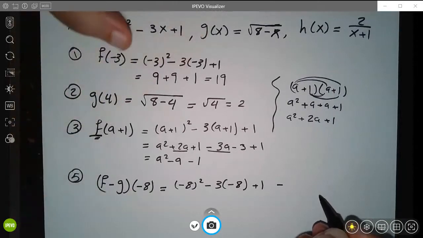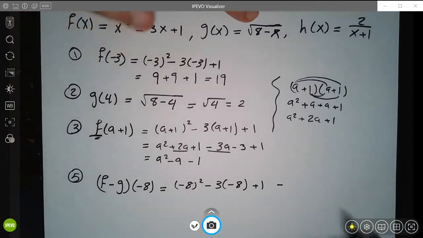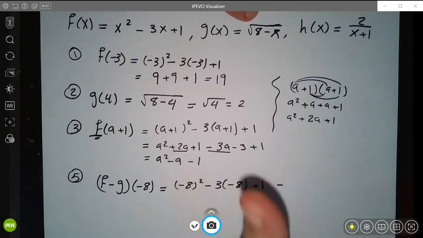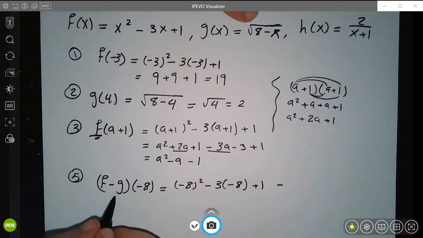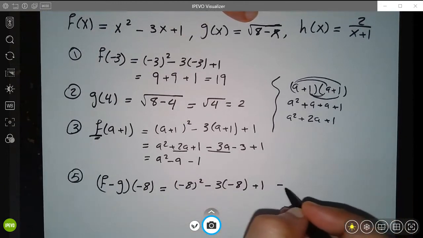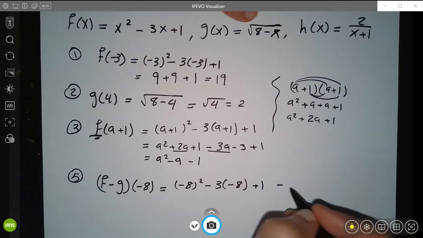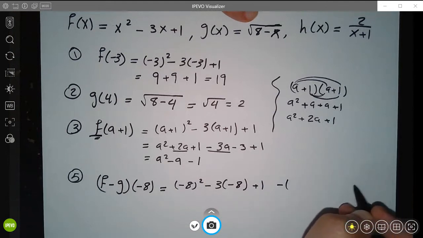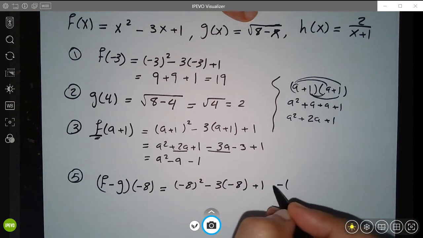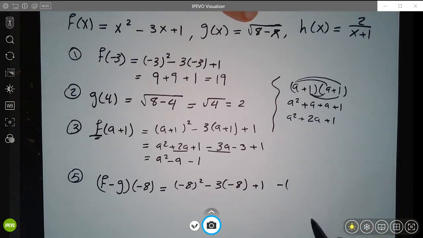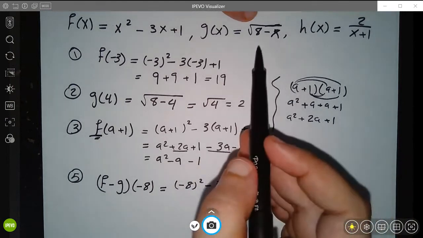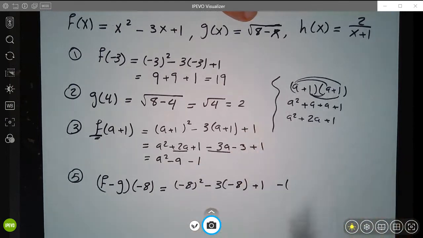Now, you don't need to in this case because it's a root, but I recommend every single time you have subtraction of functions, before you start writing the second function, always place a pair of parentheses, because that will prevent you from forgetting to multiply the negative in. Does that make sense? Always do this. You don't need to worry about it in this case because we have a root, but usually this is important to do.